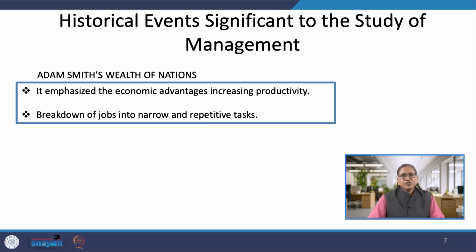People become efficient in handling their responsibilities. This increased productivity by increasing workers' efficiency, skills and dexterity. They become more proficient in handling their respective tasks. Division of labor continues to be a popular principle of managing work.